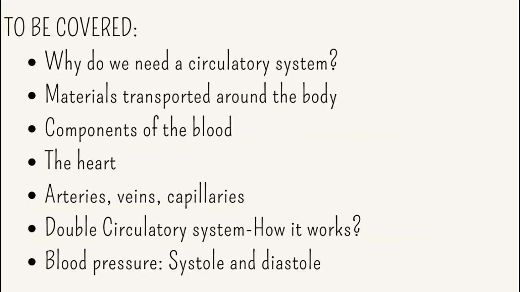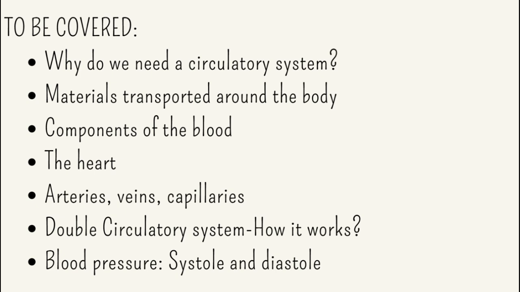The topics we're going to go into are: why we need a circulatory system, the materials that are transported around the body, and the components of the blood. Then we'll look at the structure of the heart, the design or outline of the heart. Then blood vessels such as arteries, veins, and capillaries, and the role they play.